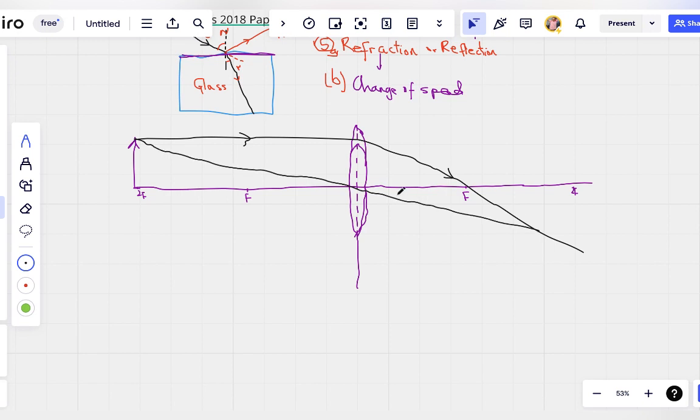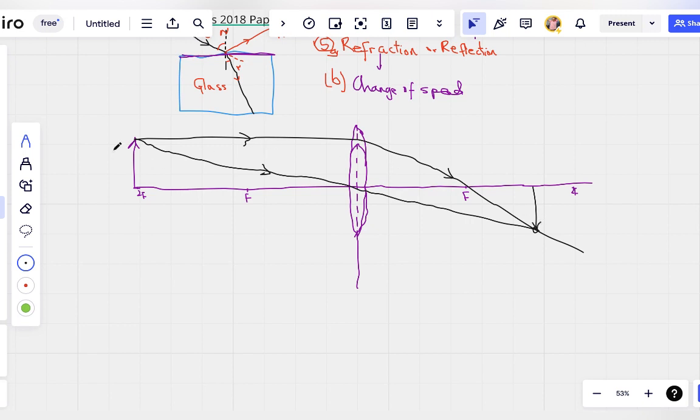See, they meet here. Where they meet, that's where the image is formed, this point. So we form our image by drawing an arrow downward. The image is inverted.